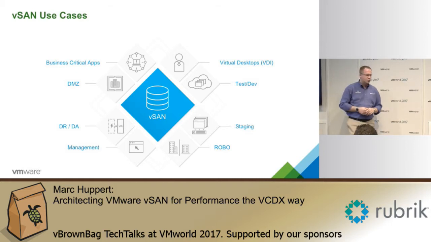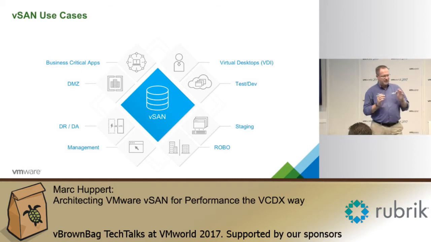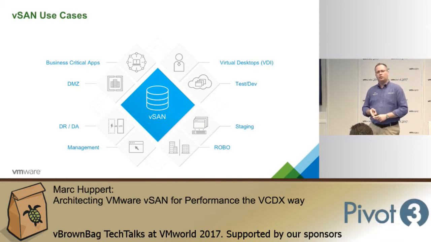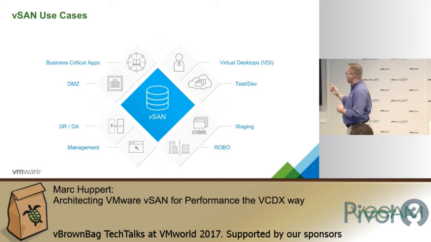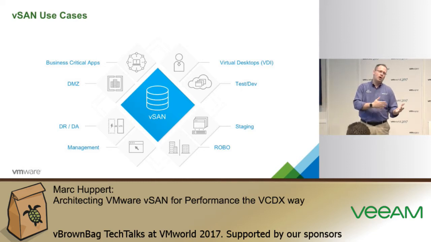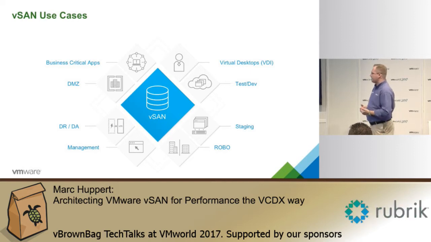Test dev environments, we have customers who are using extensively the cloning functionality or staging. ROBO, very interesting for German customers. I have one customer who's going to do 60 remote locations with vSAN ROBO right now, and another customer with 90 ROBO locations. All of them are using 2 hosts at the ROBO site, and then one witness appliance within the main data center.